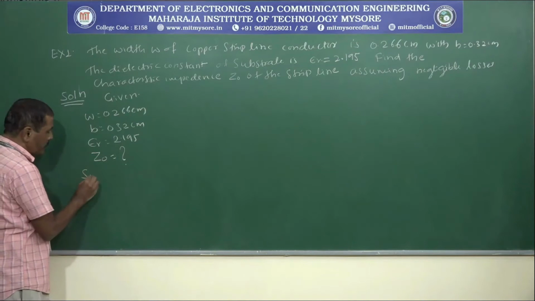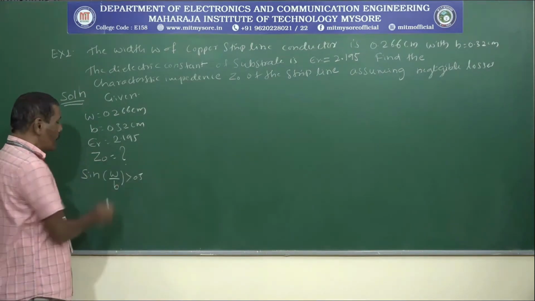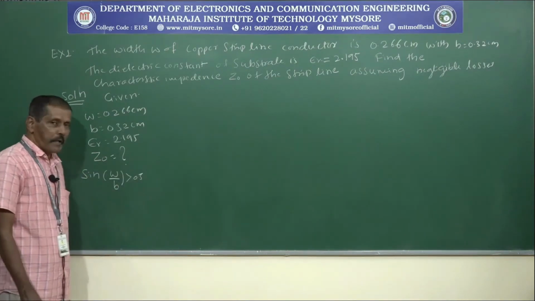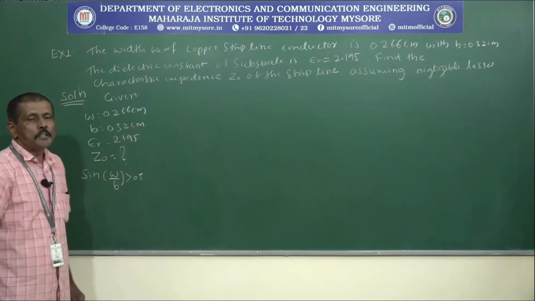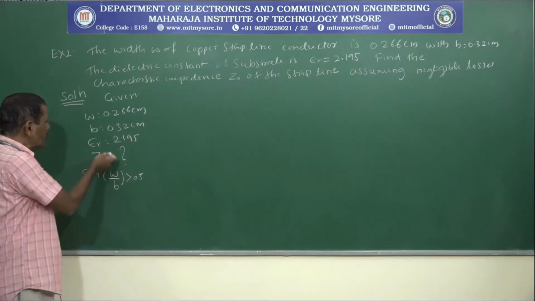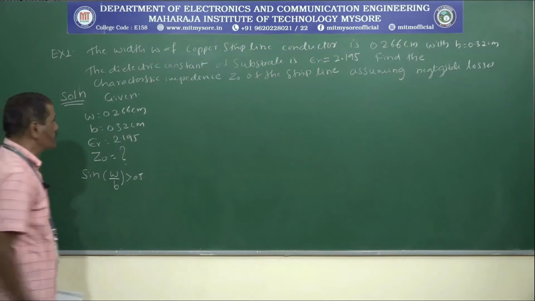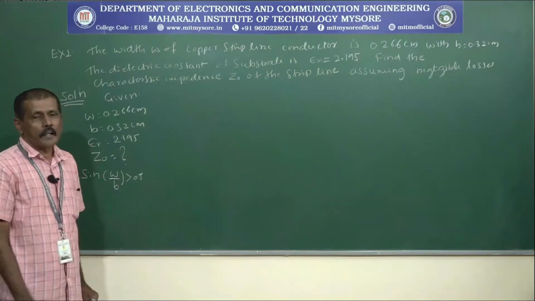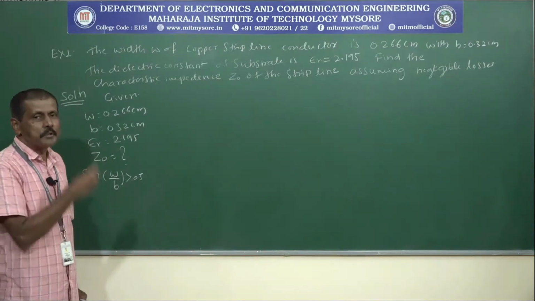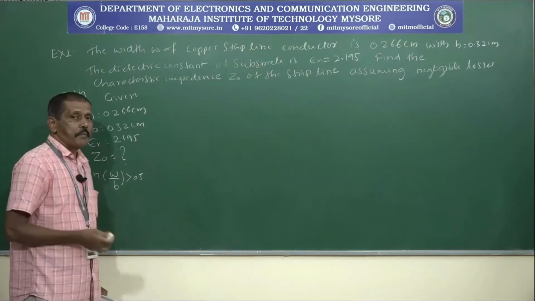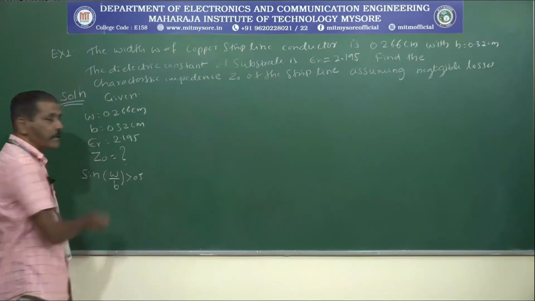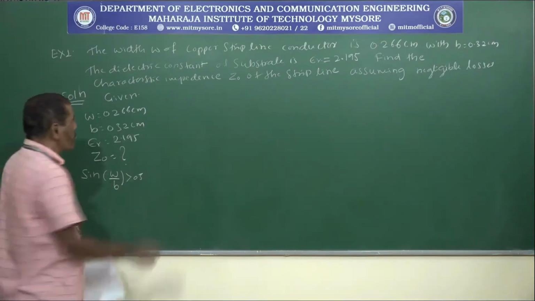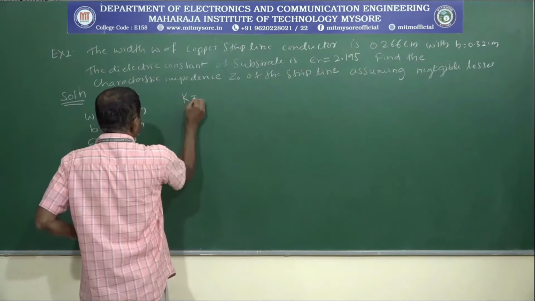In the given problem, since W by B is greater than 0.5, we use the suitable equations to calculate the characteristic impedance. First we will calculate K and K dash values, and then substitute these K and K dash values in the characteristic impedance equation to get the value of Z0.